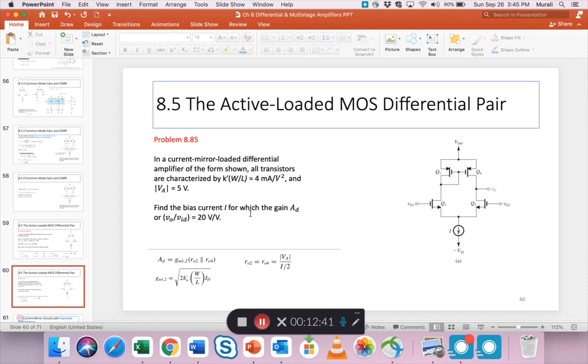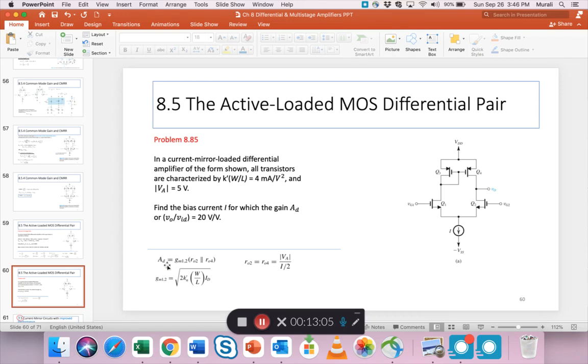Find the bias current I for which the gain AD is 20 volts per volt. That means VO by VID should be 20. So here it's kind of the reverse. Instead of asking us to find gain, he has given us gain and says find I, the bias current. So that's the only tricky part here.